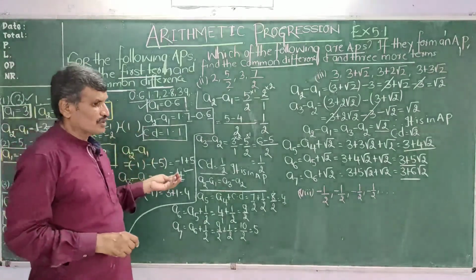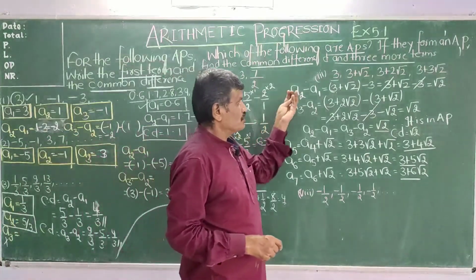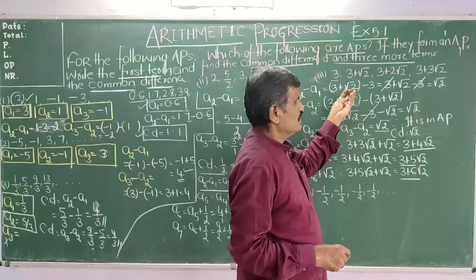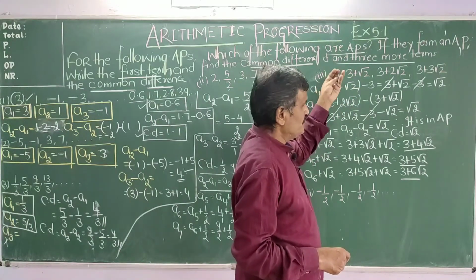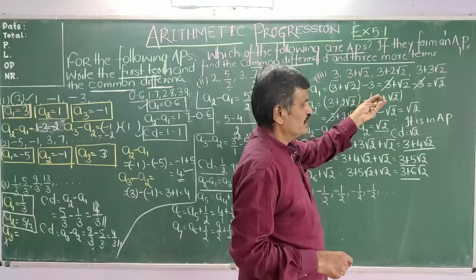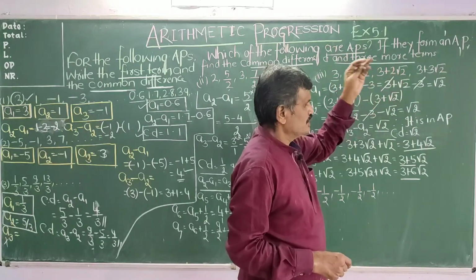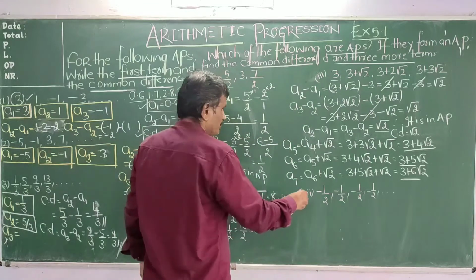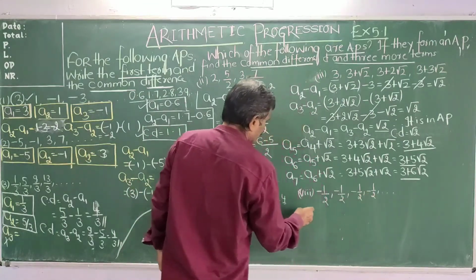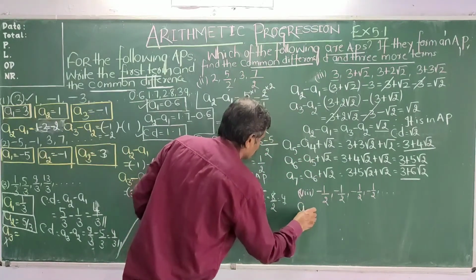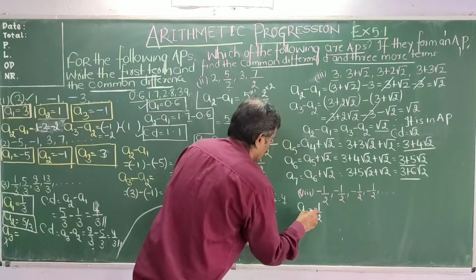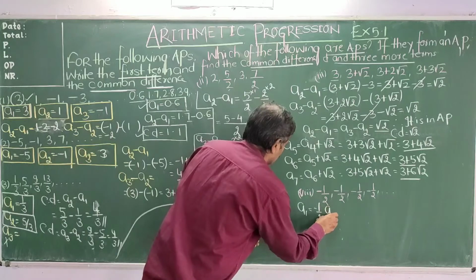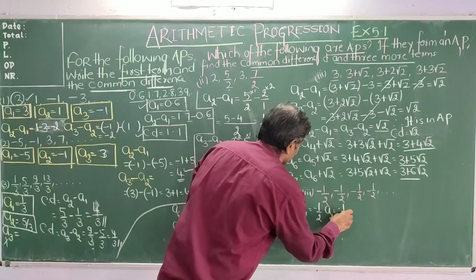So let me repeat what I did. I took the given AP and I first tried to find out whether it is in AP or not. If it is in AP, then I have to find out the next 3 terms. Now here, this one, A1 is minus 1 by 2, A2 is minus 1 by 2.